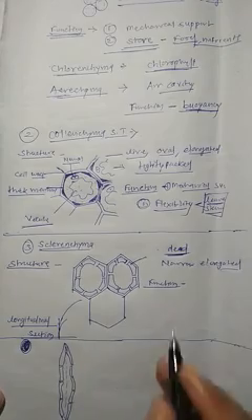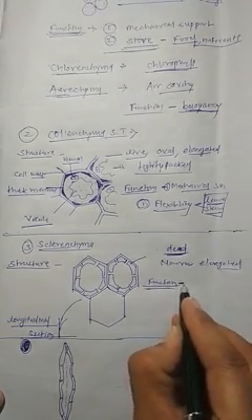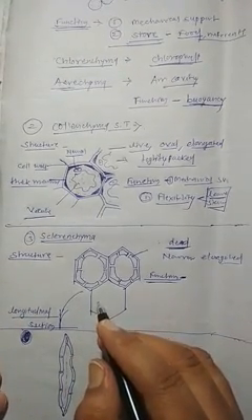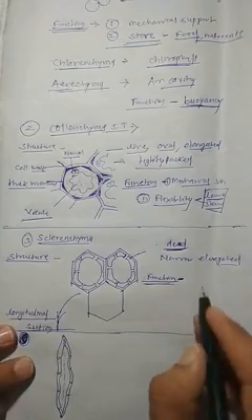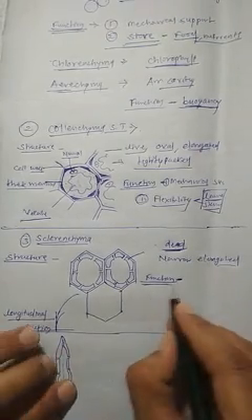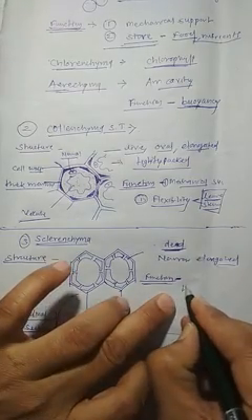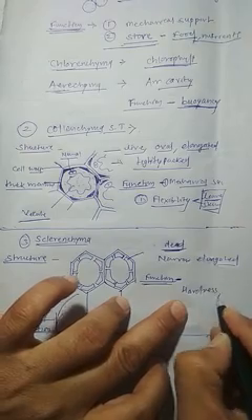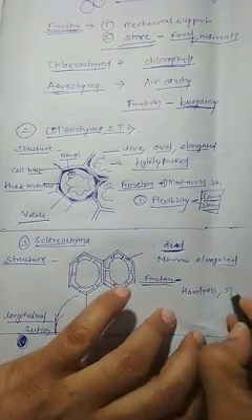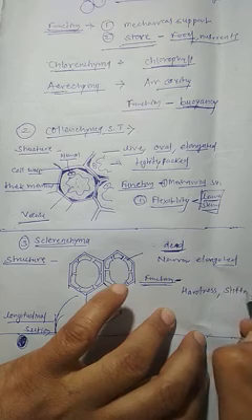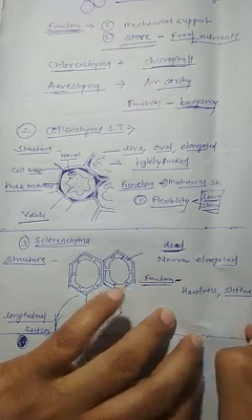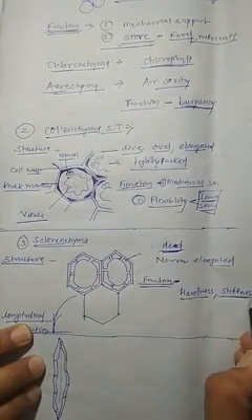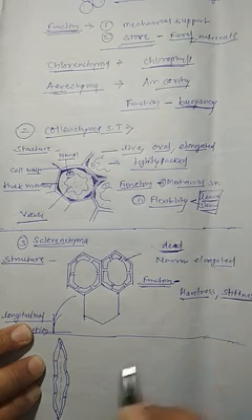What are the functions now? They help to make the plant hard and stiff. Hardness, also stiffness. Hardness and stiffness are very important features of a plant.